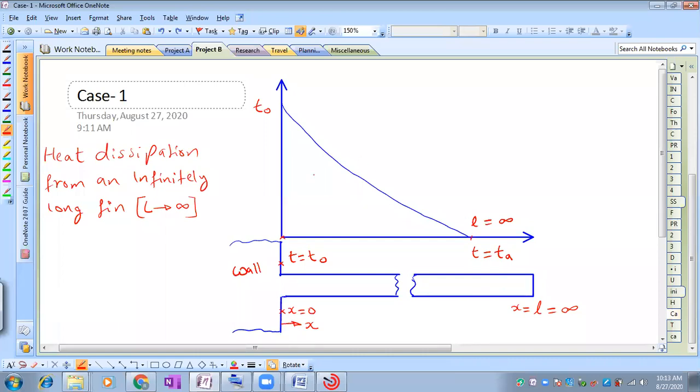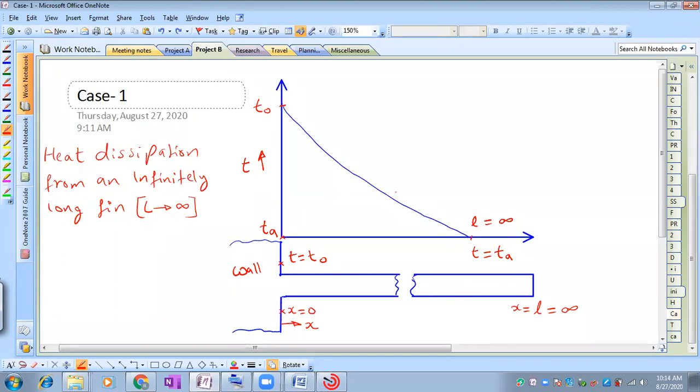Now if I plot this on x and y axes, on the y axis I consider the temperature. I put T0, the base temperature, which is the maximum, and TA, the ambient temperature, at this point. As the length of the fin is infinity, the temperature starts decreasing from T0.